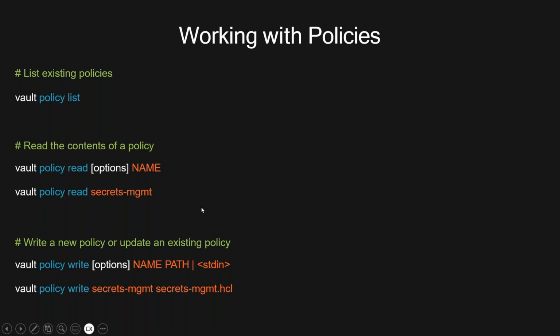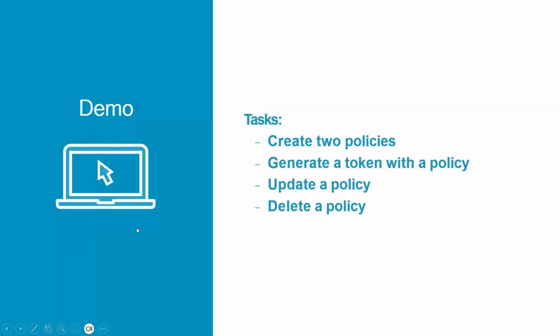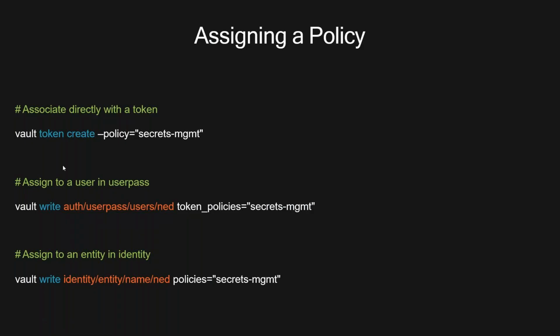So these are the command lines. You can delete the policy also, and so on. Now here, assigning a policy, you are creating one token, and right here you are assigning the identities, and so on.